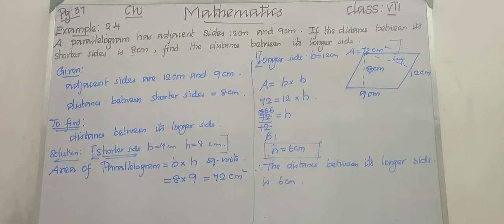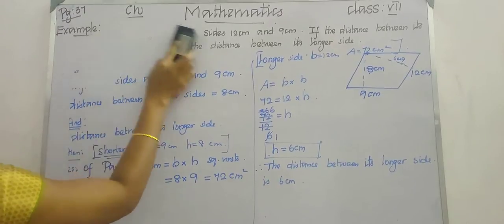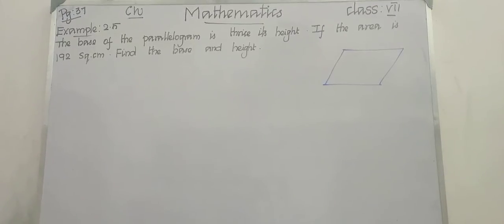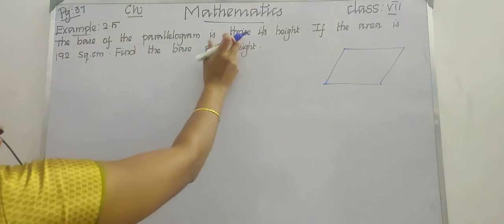See example 2.5. Let me rub this one. Let us read the example. Okay children, so read the question. The base of the parallelogram is thrice its height.